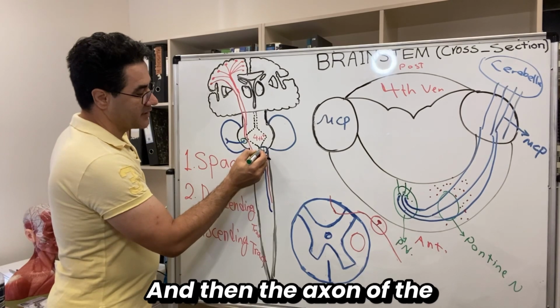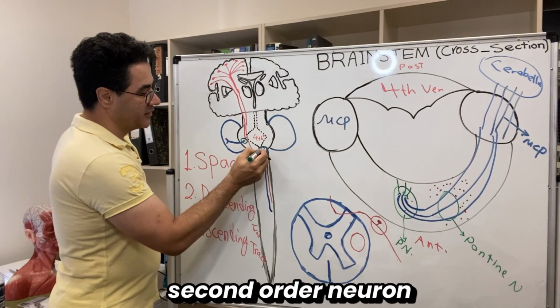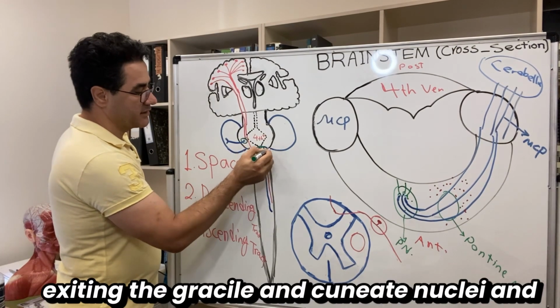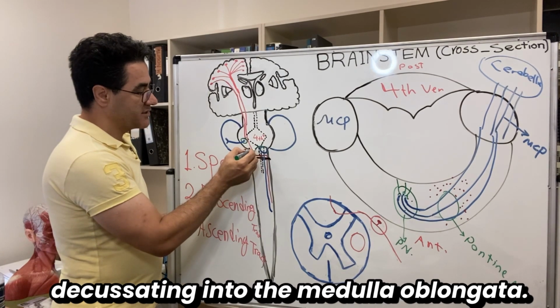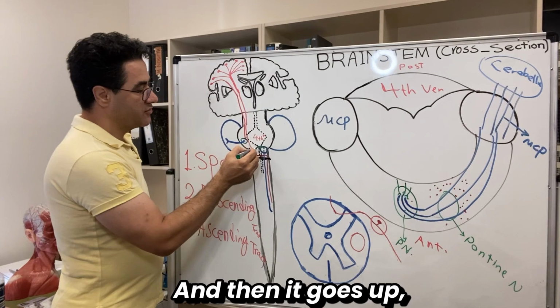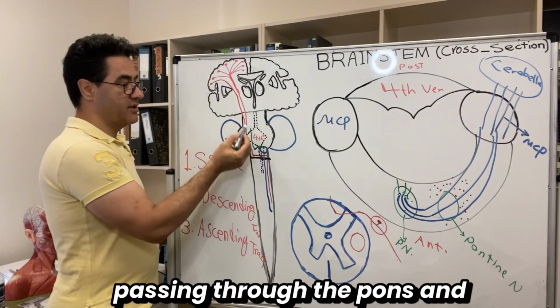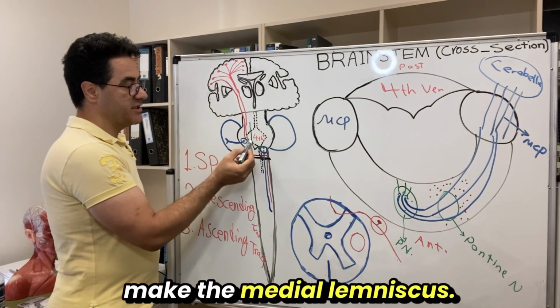Then the axon of the second order neuron exits the gracile and cuneate nuclei and decussates in the medulla oblongata, and then it goes up, passing through the pons and making the medial lemniscus.